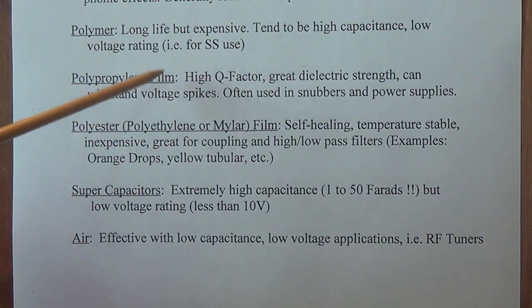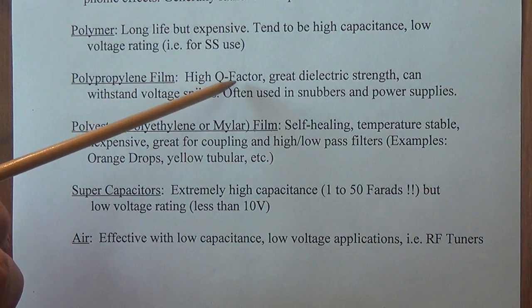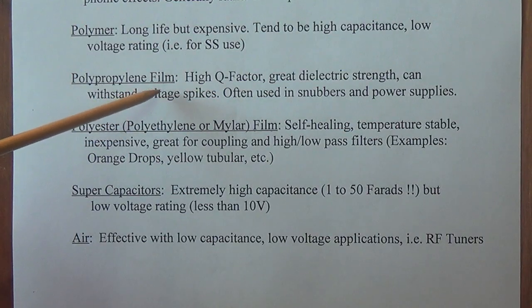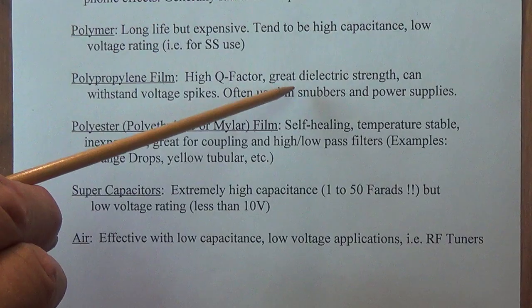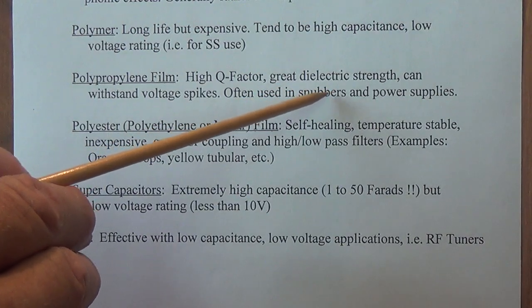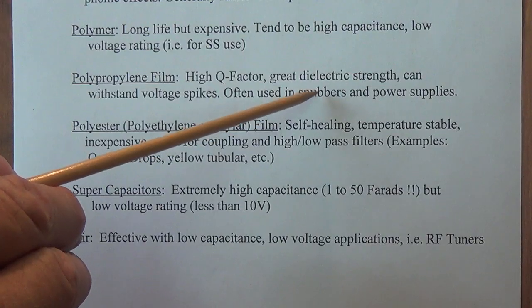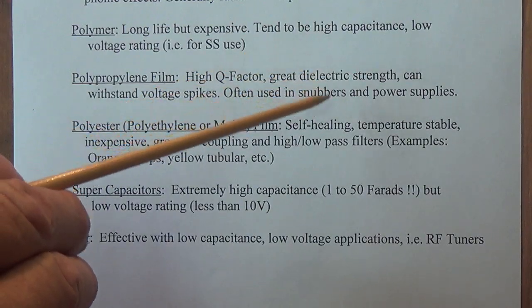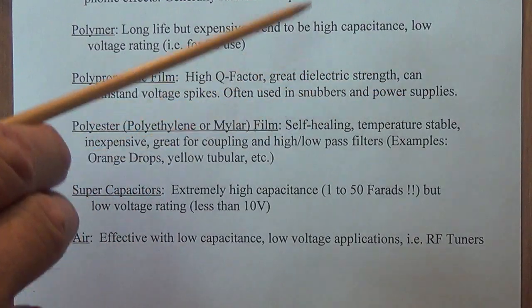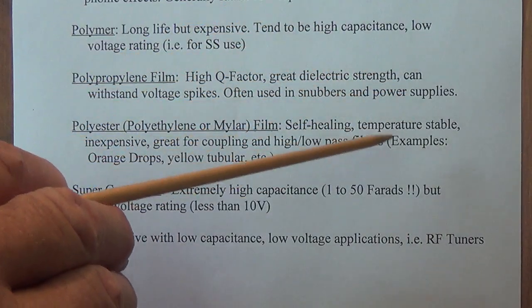If this capacitor is rated at 500 volts and 700 hits it, odds are it can survive. They're often used for that reason in things called snubbers, which tend to silence the pop associated with switches being turned on and off, and with power supplies that are prone to really high peak voltages.